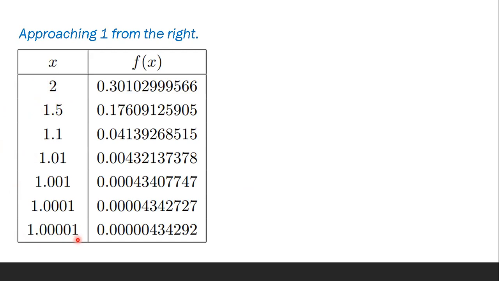If you're asking, sir, isn't it equal to 1? No, 1 is not equal to 1.00001. They differ in their value, especially from the decimal point. Because when you say 1, that is just equal to 1.0.